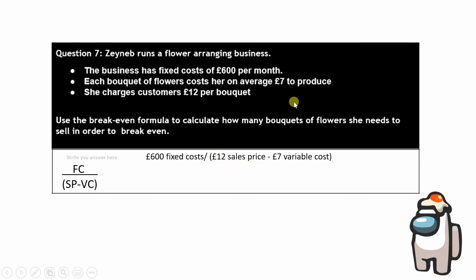So it's £12 minus £7, which is the cost per bouquet, so that's the variable cost. So that gives us £600 divided by 12 minus 7. So that boils down to £600 divided by 5, which equals 120. Therefore, the answer is 120 bouquets need to be sold by Zainab in order for the florist to break even.